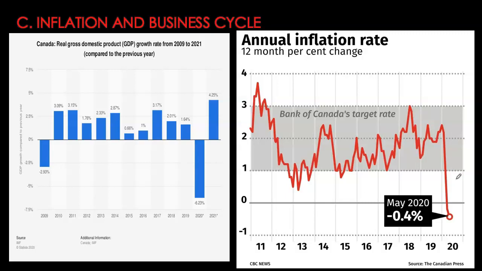So you can see because of the pandemic, our inflation rate is going down, becoming negative, and our economy is also contracting over here. And whenever you see a rising economy, you will also see a rising inflation rate. Again, if we go back to the global financial crisis of 2009, our economy is contracting and so is your inflation rate. So usually we see inflation and output following the same trend.